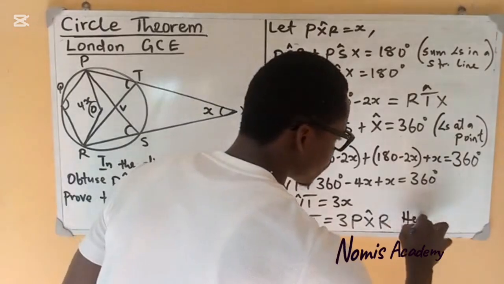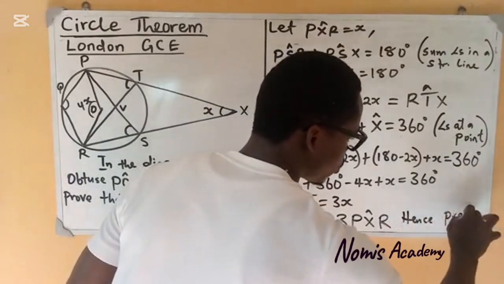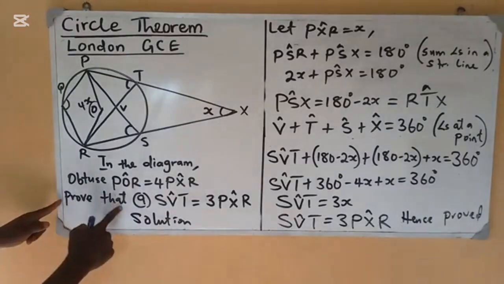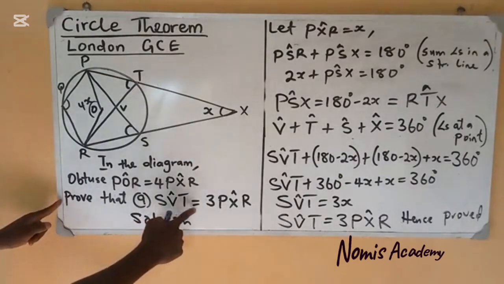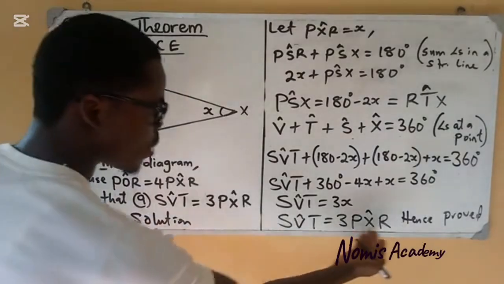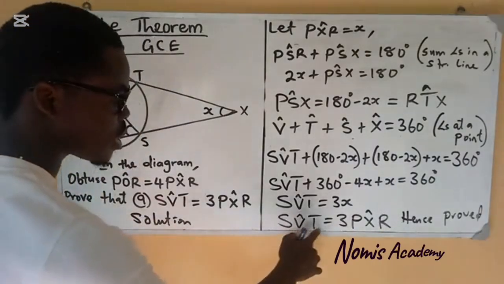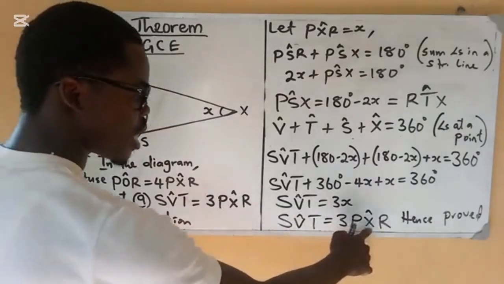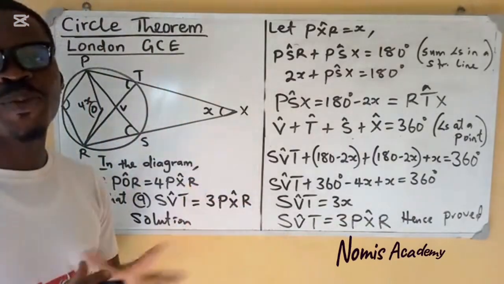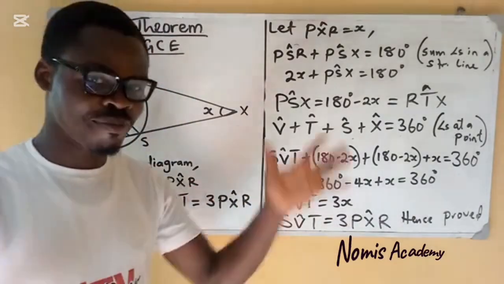Hence proved. According to the statement, we were asked to prove that SVT is equal to 3PXR, and here we have SVT equal to 3PXR. As simple as that. Thank you for watching. See you next time. Bye.